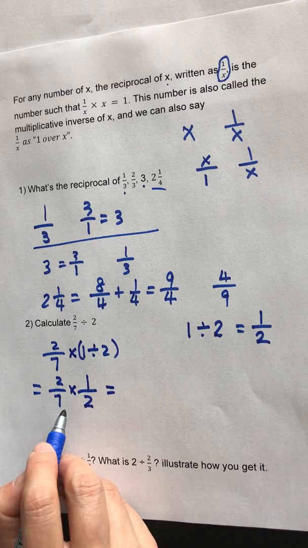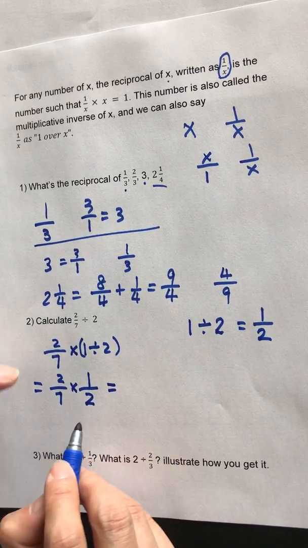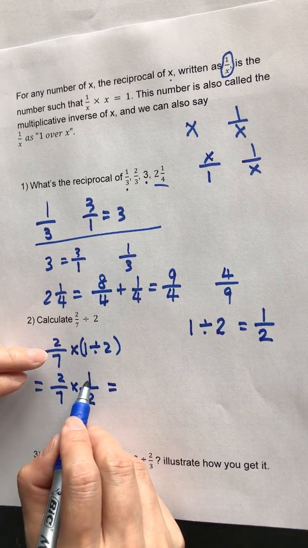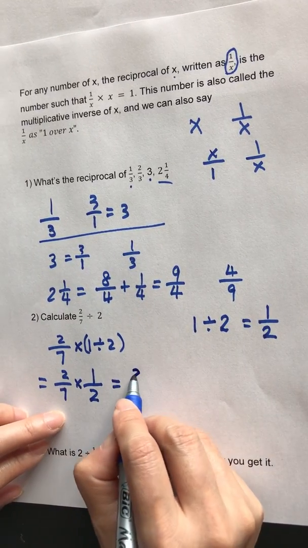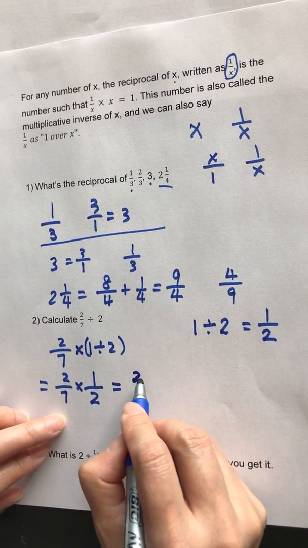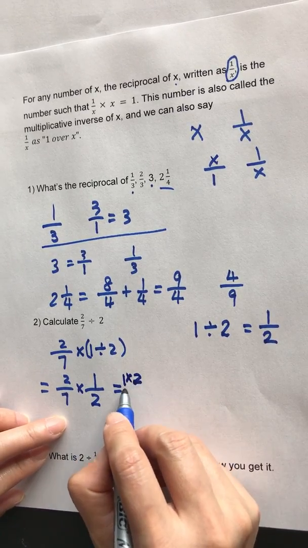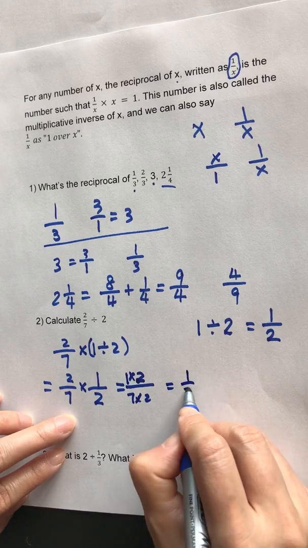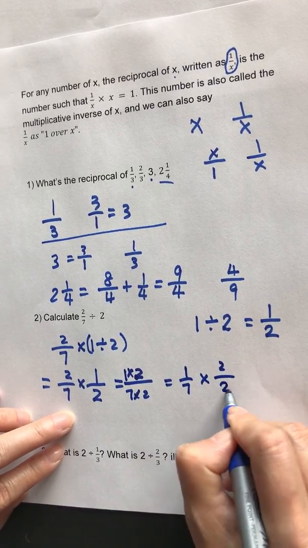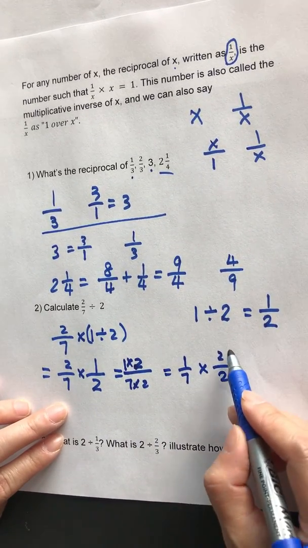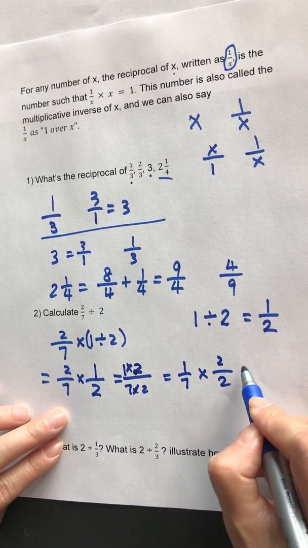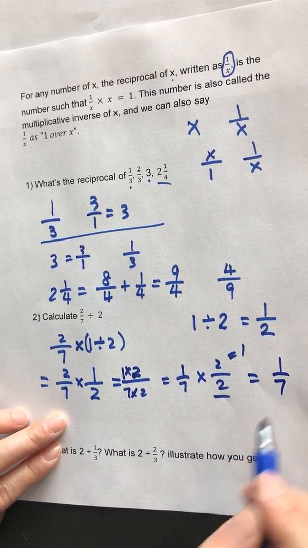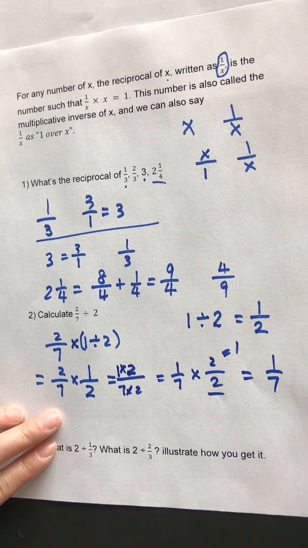We said this already, right? We can swap these two numerators, so 1 multiplied by 7 multiplied by 2 divided by 2. So for this one, the 2 over 2 is actually 1, right? So the final answer is 1 over 7.